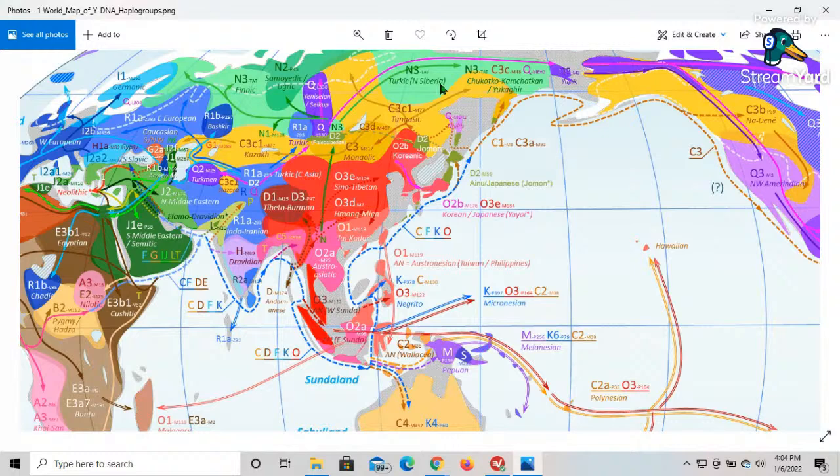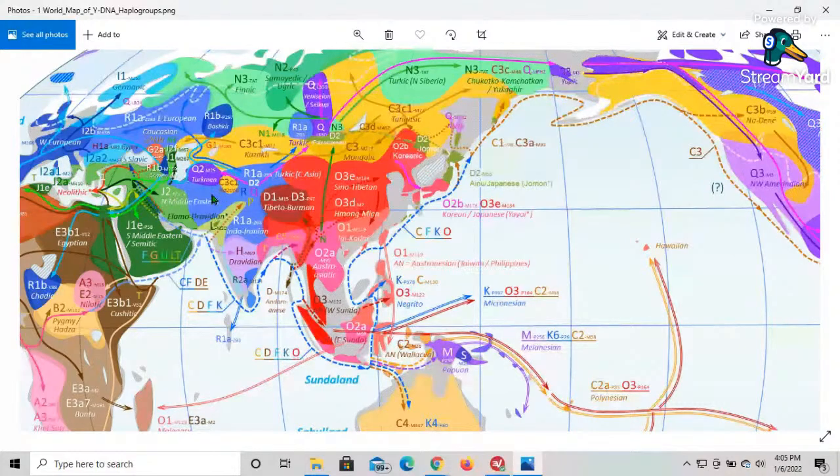So Meshach would be the Eurasian in the north. That is not Gomer. It's not Greek. It's not Japheth, R1b. It's not Madai, which is the Q.